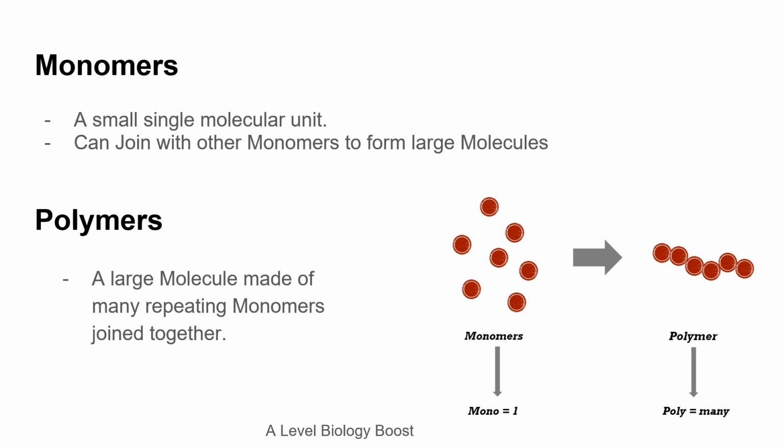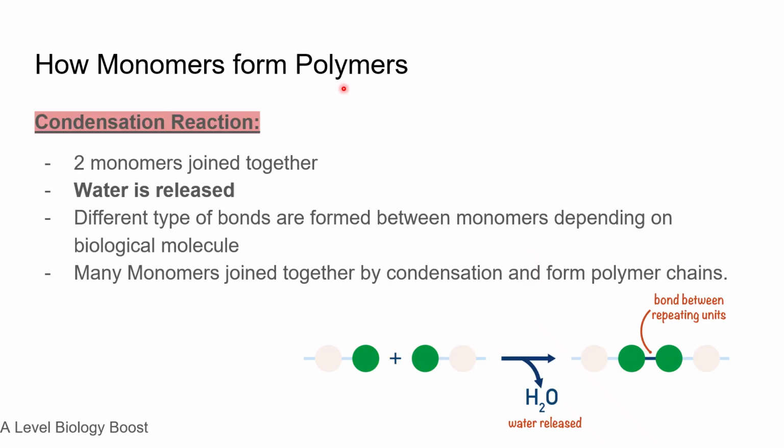Now we're going to talk about how we form polymers from monomers. You need to know about two types of reactions. The first one is the condensation reaction. In a condensation reaction, two or more monomers join together to form a polymer. This is done by removing water, and this forms a bond between the molecules.